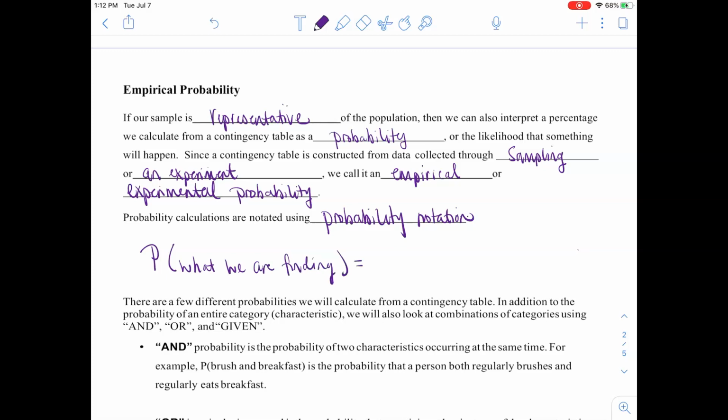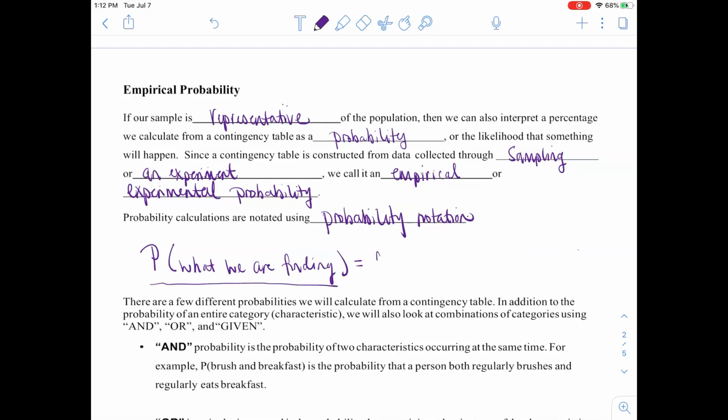If I were going to read this, it says P of, like that function notation, if you can remember from Math 95. But really, I would say this is the probability of whatever we'd be finding, the probability that people like coffee. This is just a shorthand to write it.